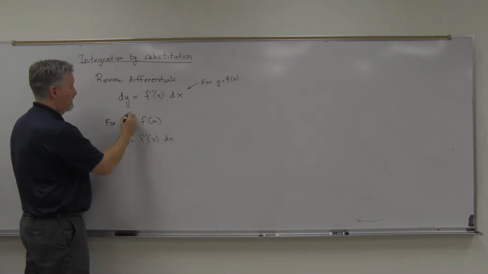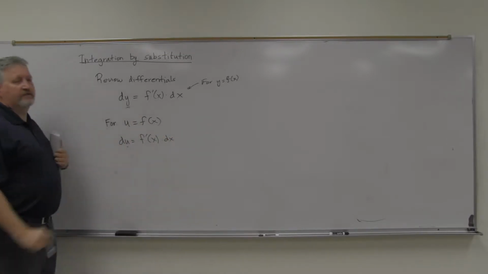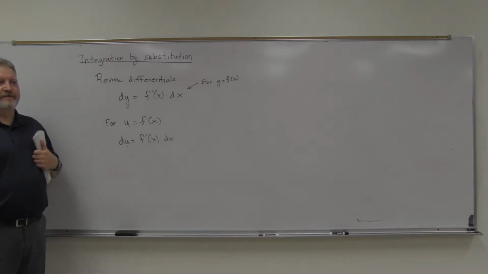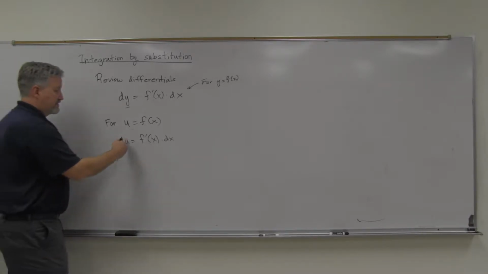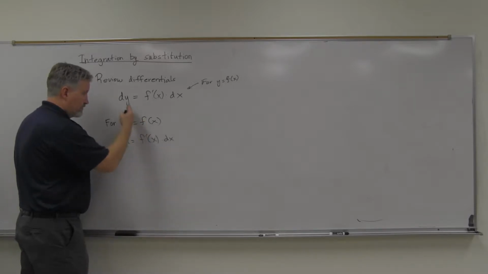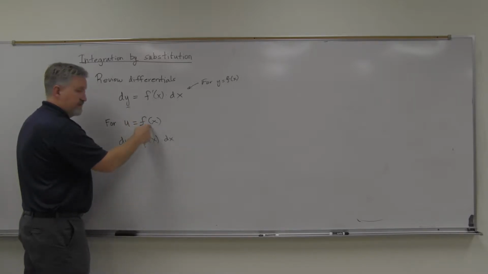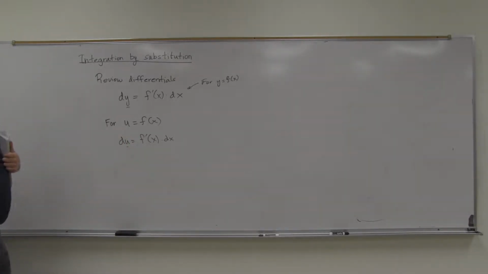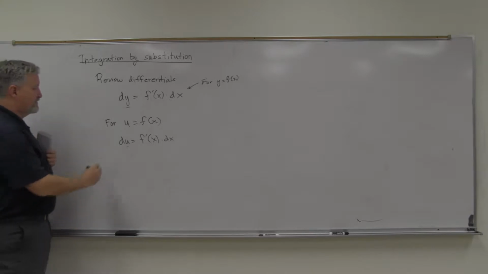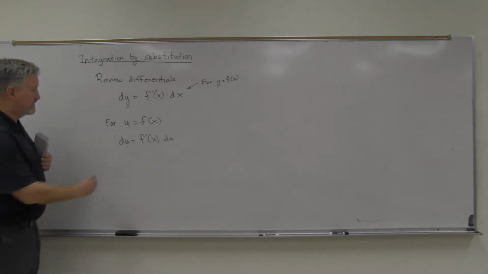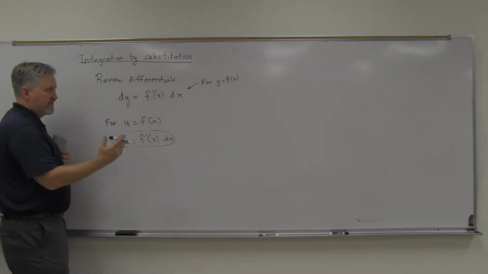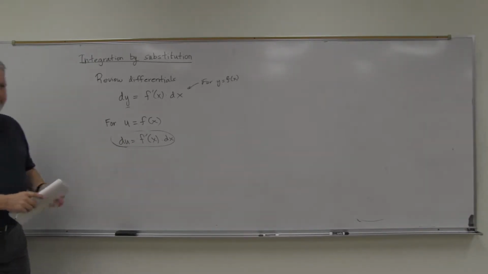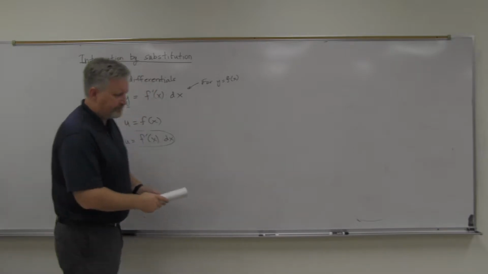It doesn't matter what that particular function is called, but remember that for du or dy, it's just the derivative of this times dx. Okay, and so that'll play a role when we're talking about substitution. Just wanted to remind you of that formula, but it's not a complicated formula. It actually kind of comes out from the derivative. But anyway, recall that.